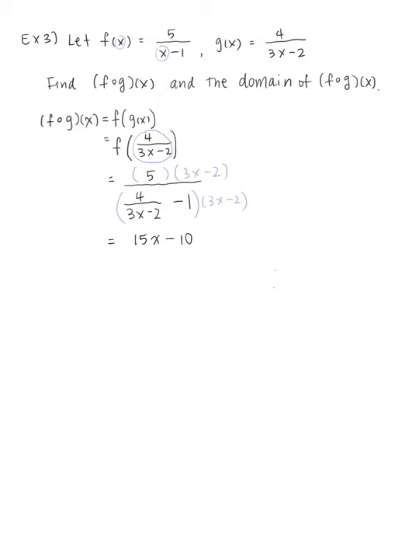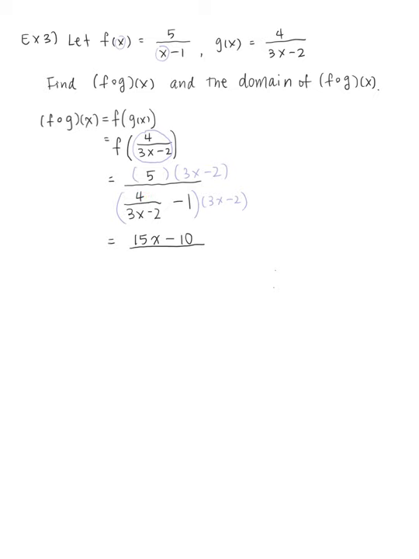That's the numerator, because all I did was distribute the 5 into 3x minus 2. Now, all over, let's do this step by step. I'm going to multiply 3x minus 2 to 4 over 3x minus 2. So what's going to happen? You get to cancel out the 3x minus 2, correct?